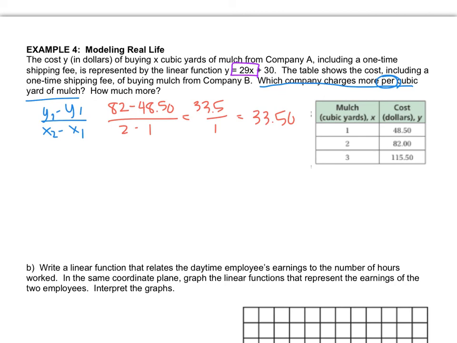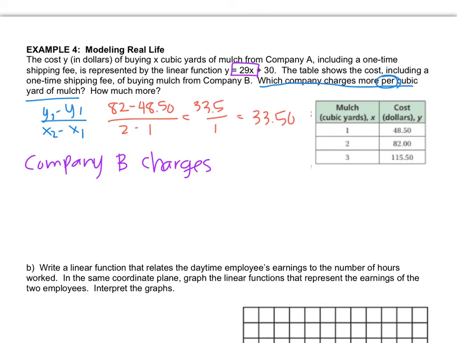So that's the slope for the chart, and the slope for the equation was 29. So company A has $29 per cubic yard, and company B has $33.50 per cubic yard. So obviously company A is cheaper. So what we're going to write is company B charges more because that was more expensive.